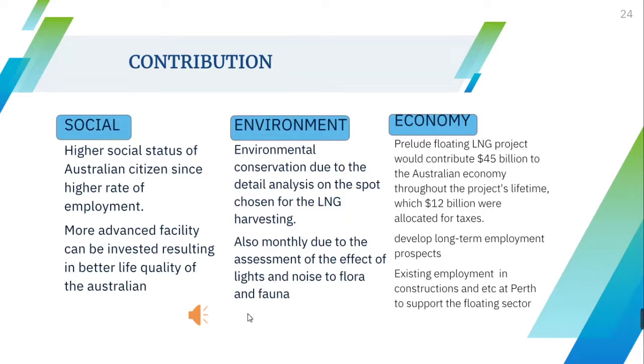Throughout these projects, it will sustain existing employment in construction and so on at Perth to support the floating sector, which will be beneficial in creating lots of jobs for Australians, especially for those who live in Perth.